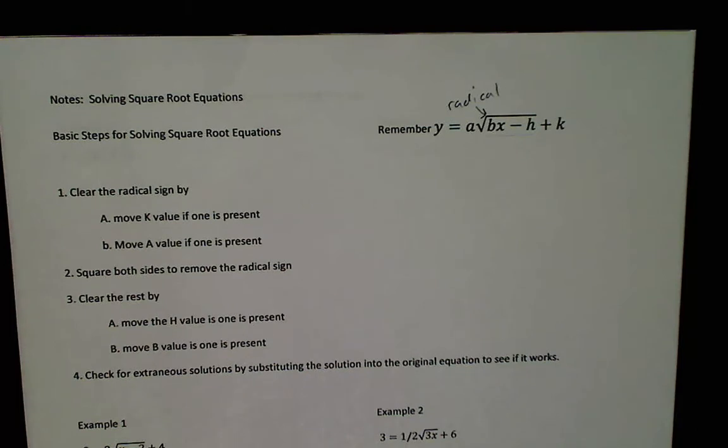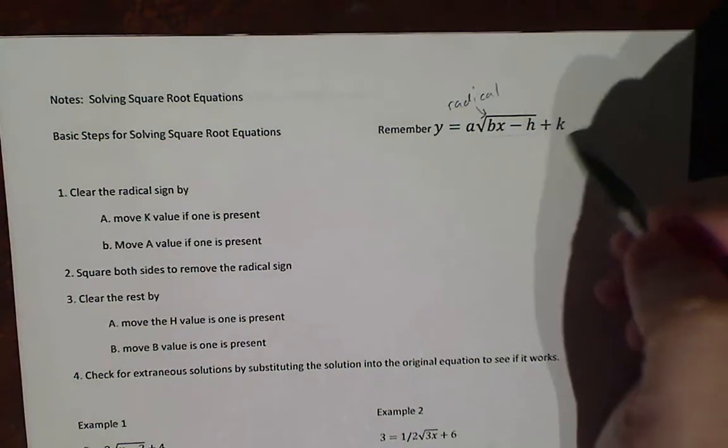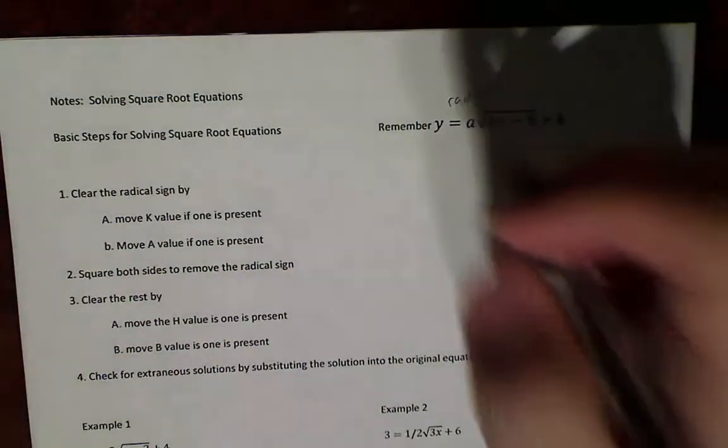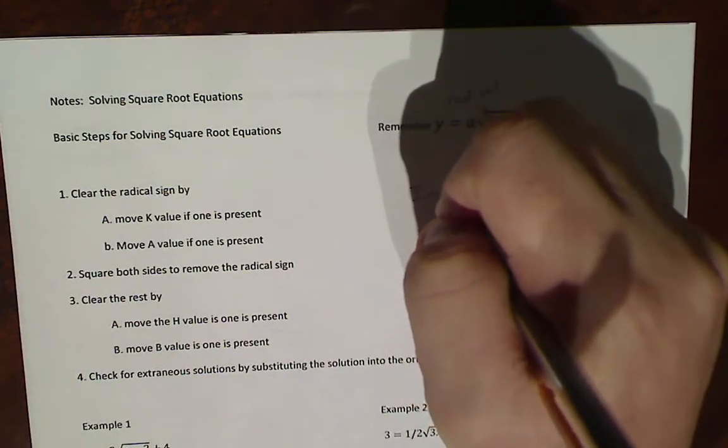So the basic steps, and I say basic because some pieces may be missing. If it's not there, you don't actually go through it. But normally, the first thing you always want to do is move your k value by adding or subtracting. Everything we're doing here is going to be an inverse operation.